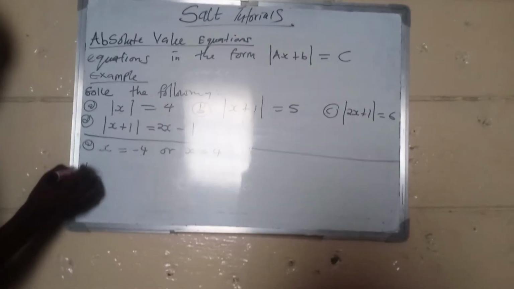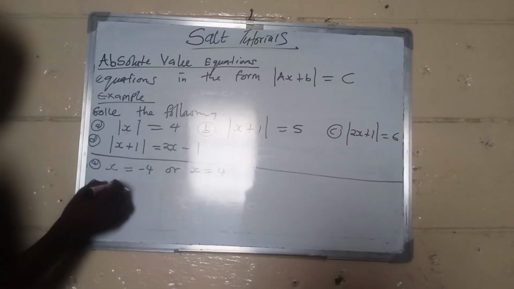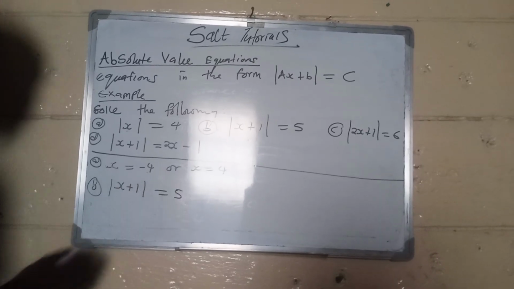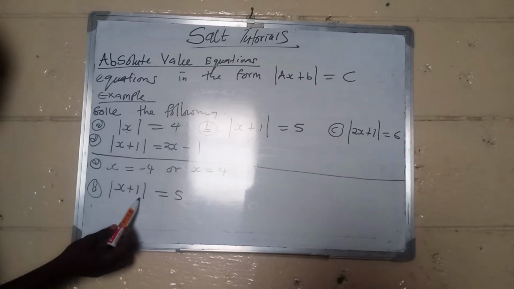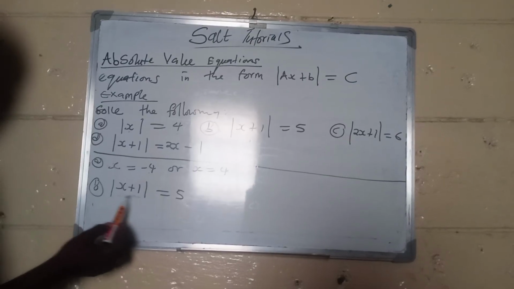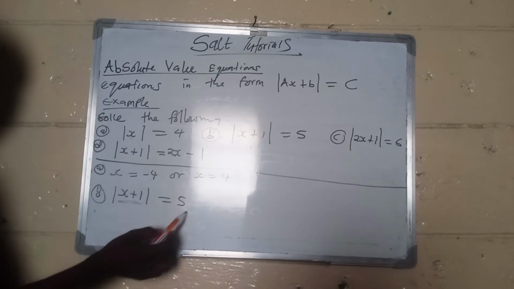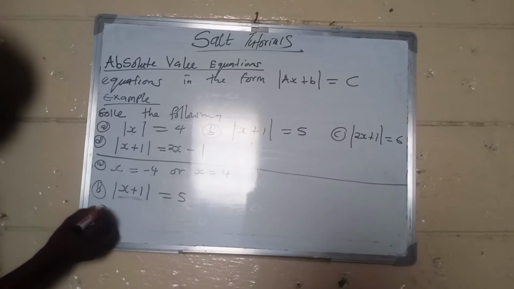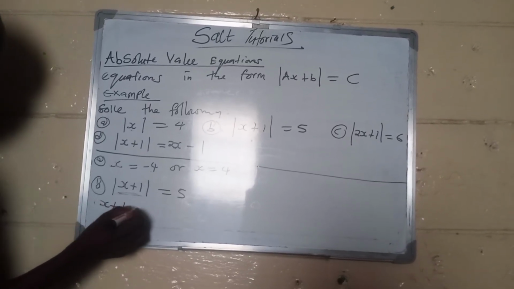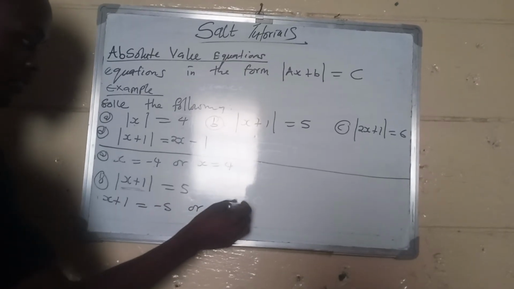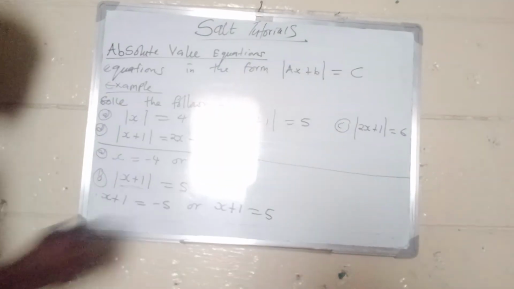Now if I look at B, the absolute value of x plus 1 is equal to 5. Understand that whatever is in the absolute value can be negative of this or positive of that. So x plus 1 equals -5 or x plus 1 equals +5.